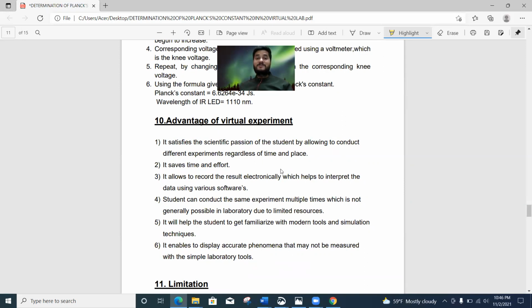It is impossible to do the practical physically in so many different labs, but nowadays we have the facility to do different kinds of practicals in a virtual lab.